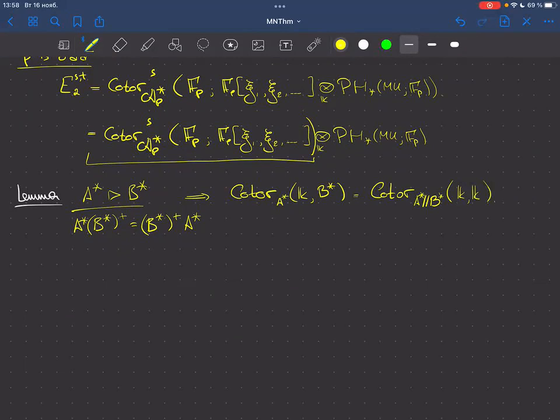Okay, so in this case the quotient is again a Hopf algebra. So this is just A modulo B plus A.